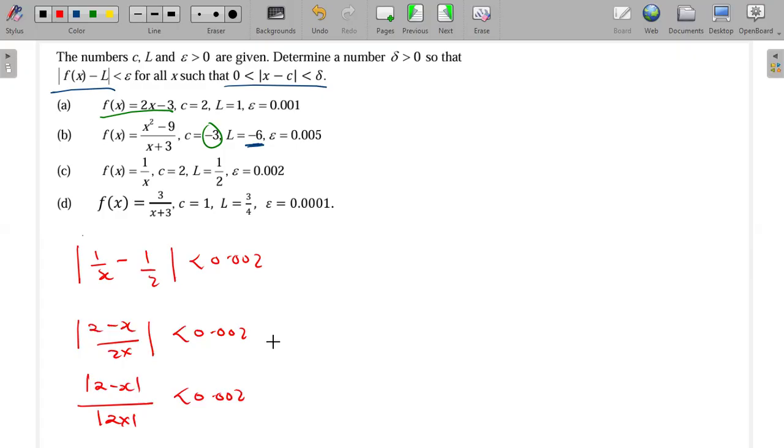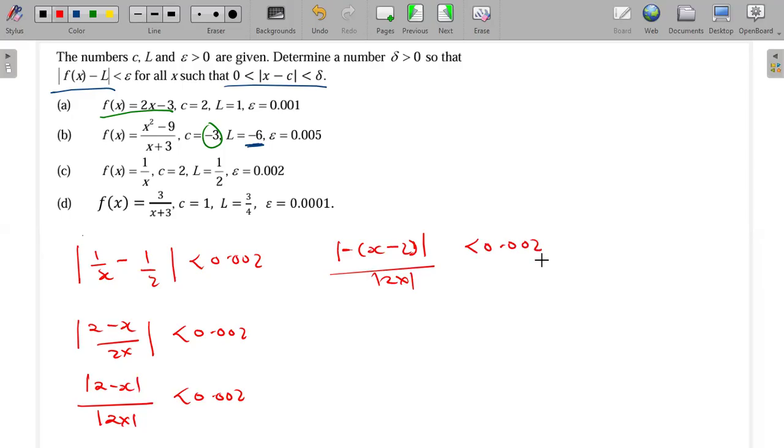Now, notice that I can factor out a negative here on top. If I factor out a negative, I get negative, and then that will be x minus 2, and then that is over 2x, and then I say this is less than 0.002. So this is what I get here.